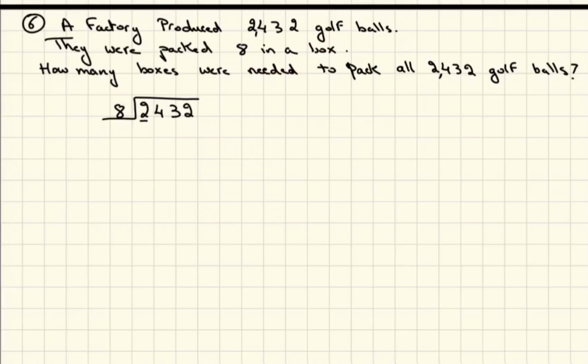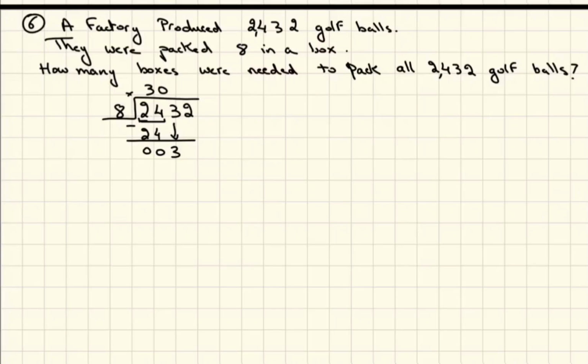We have 2, smaller than 8, I cannot, so we take 24, 8 multiplied by 3. We get 24 and we subtract. 4 minus 4 is 0, 2 minus 2 is 0. Now we bring the 3 down and I must multiply by a number, as we said before. So 8 multiplied by how much is a number smaller than 3? So we don't have another option than 0.